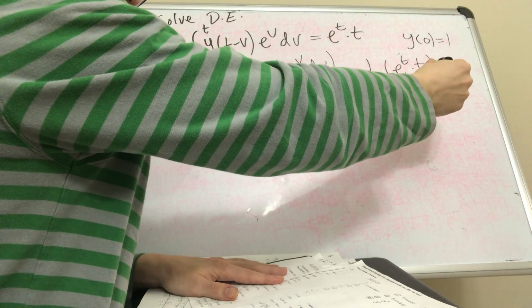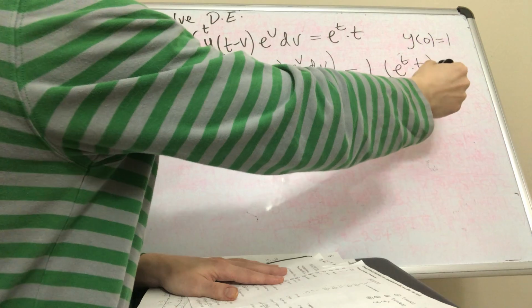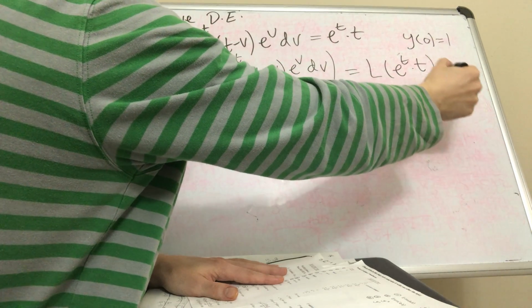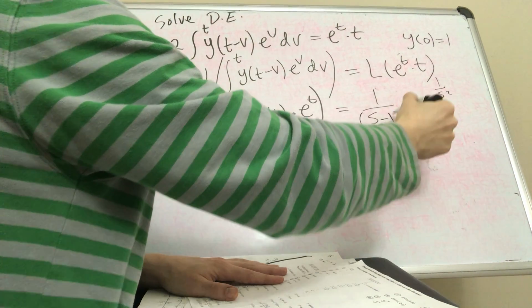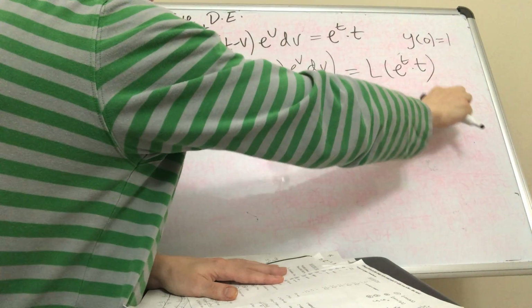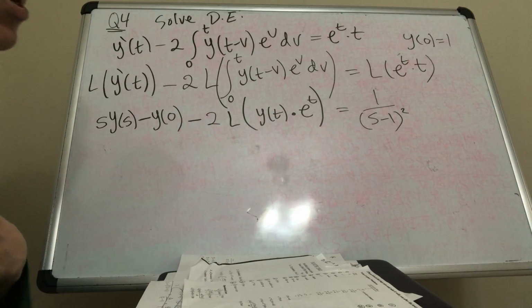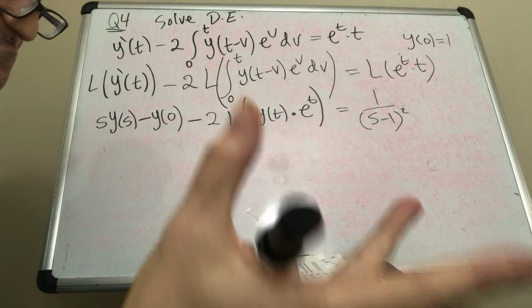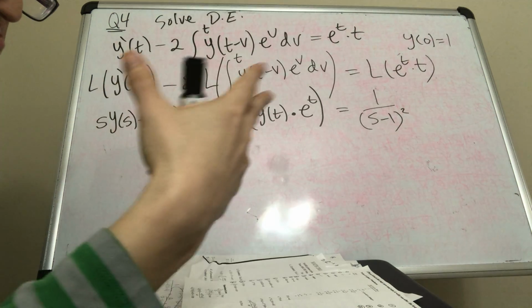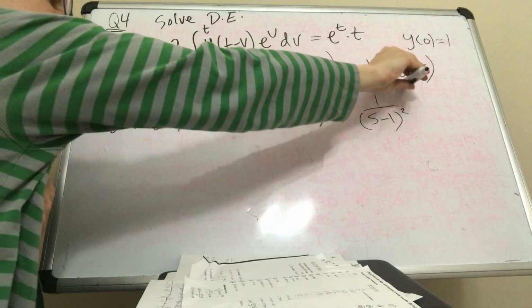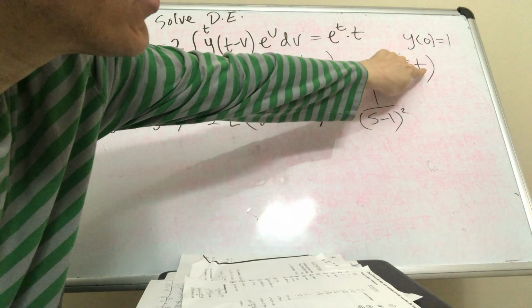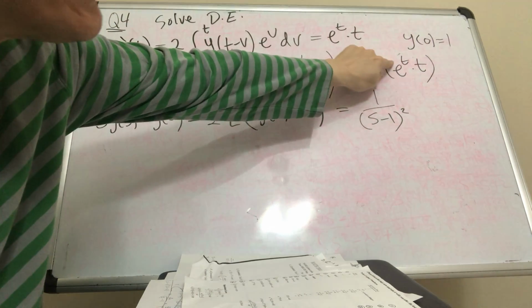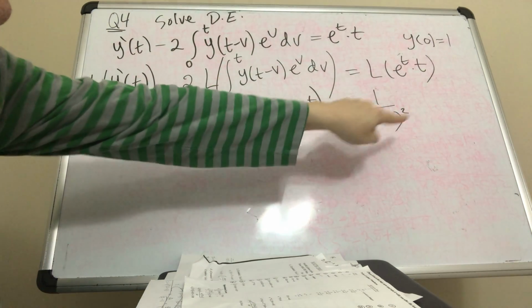The t is 1 over s squared, but with the shifting of 1 it becomes 1 over s minus 1 squared. In other Laplace tables, you might see something for this right away, but the way we do it, we do the t first, 1 over s squared, then there's a shifting of 1, so you go s minus 1 squared.